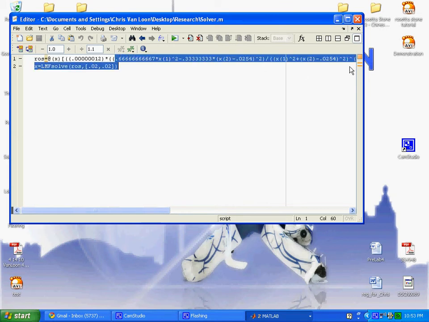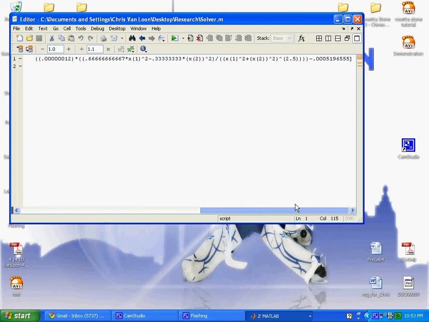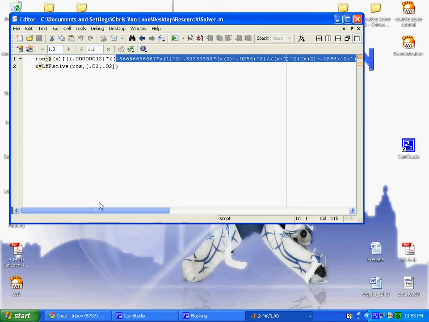Also, there are 2 equations listed for each sensor. This is the first equation listed, right here. And the second equation is the unhighlighted one here.